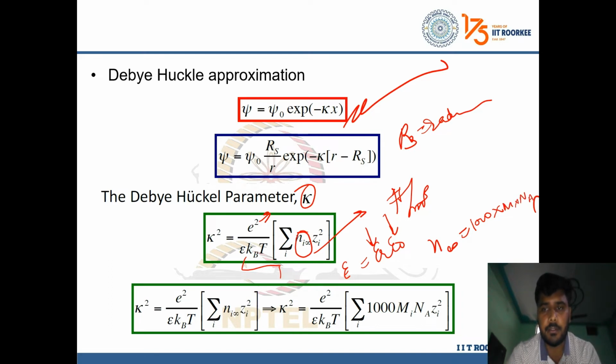So you can write this formula here and you will get this final value.